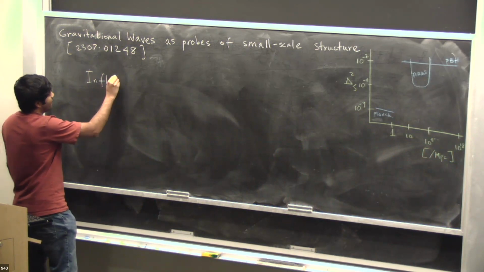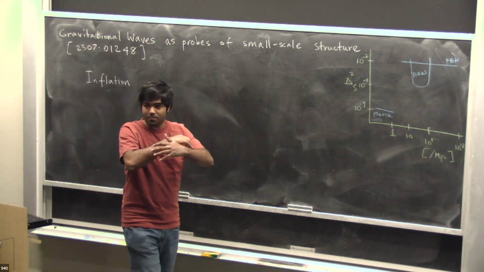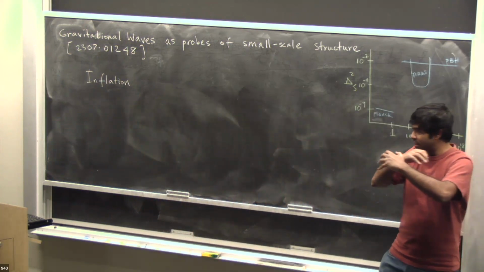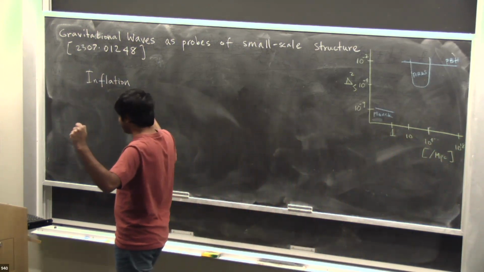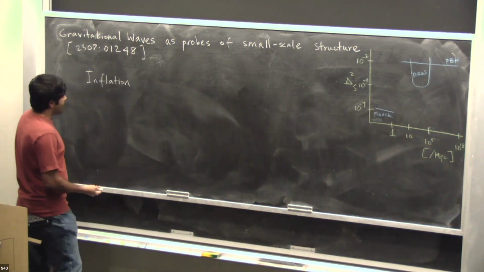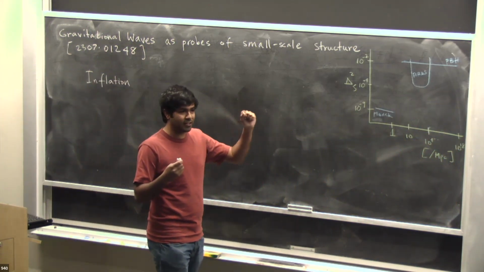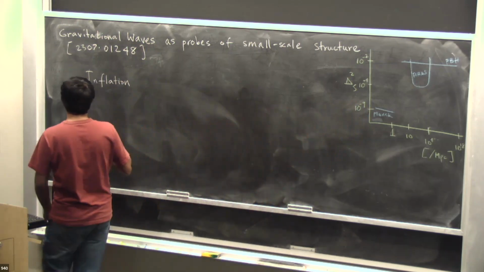Basically what happened is that during this inflationary epoch, the universe expanded very, very rapidly. For example, if you take any 2 points, the distance between them increased exponentially fast. And as a result, very, very small scale quantum mechanical fluctuations got stretched to very, very large sizes.